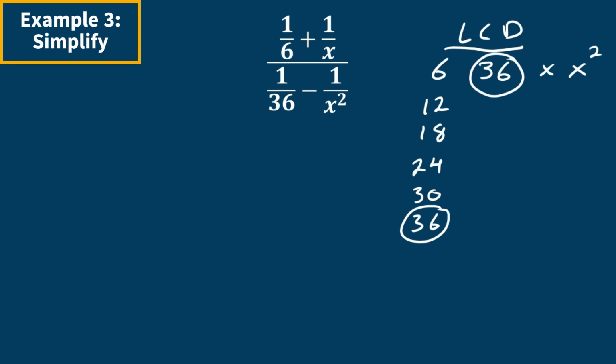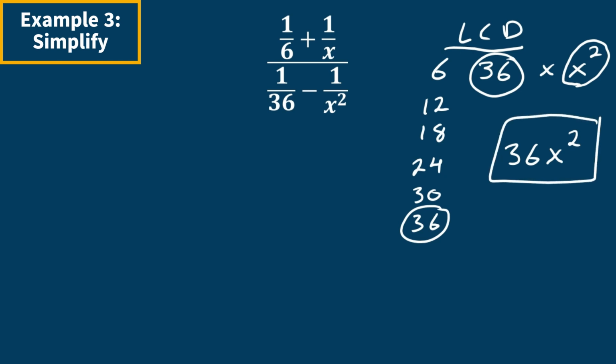And for our variables, we have an x and we have an x squared. So we're going to take the large one right here. Now what we do is we combine them. So we know that 36 is the LCD for the numbers, so we have 36. And then for the variables, we have x squared. So we're going to multiply the top and bottom by this LCD right here.